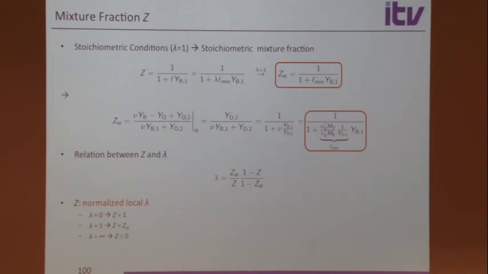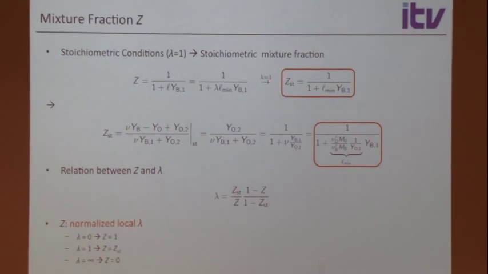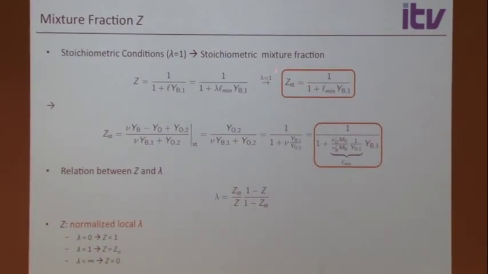Then again, here is the mixture fraction for stoichiometric conditions. It just depends on the fuel and the air stream, and you can compute this stoichiometric value. Once you know the stoichiometric value, you can also then locally determine what the equivalence ratio is.